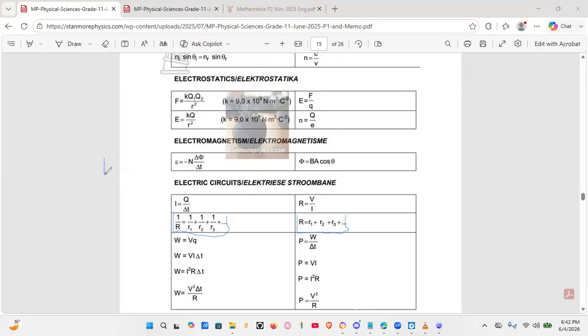Yes, and in this case you have six, six, and then you have another six. So how are you going to apply that formula to that situation?